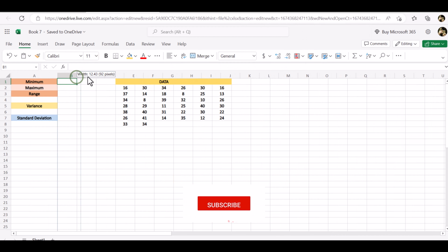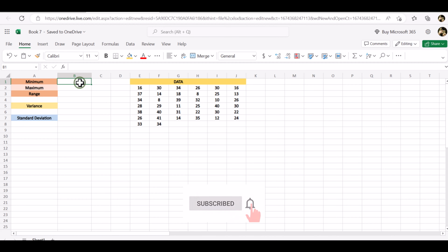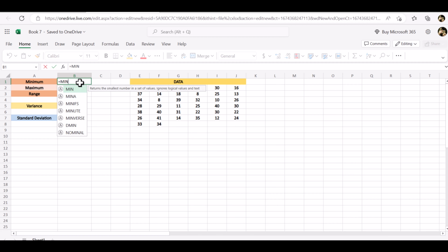Okay, first, we will find the range, which I can find by getting the minimum by typing equals, then MIN, and highlight the data, then enter.